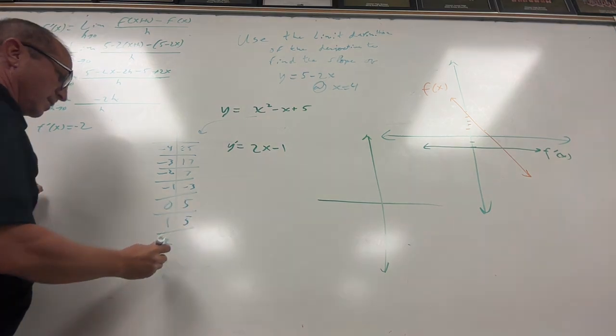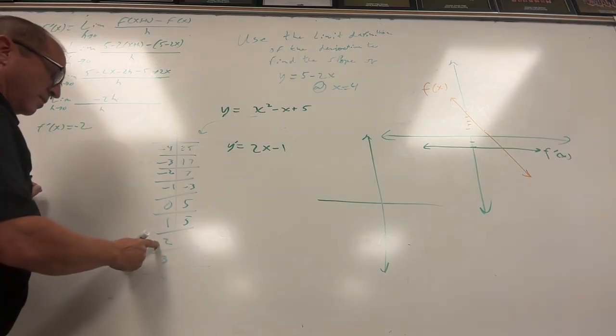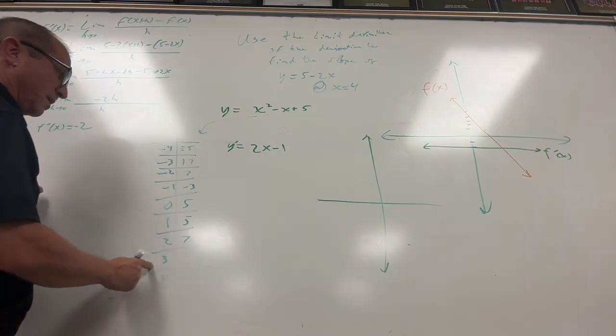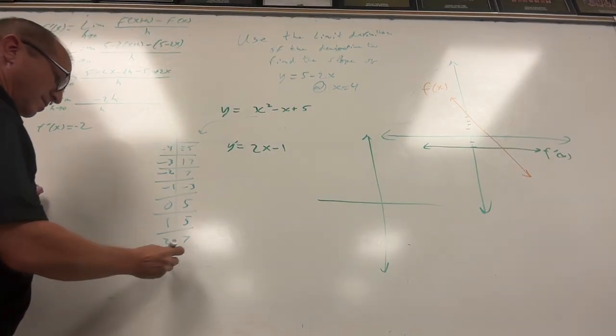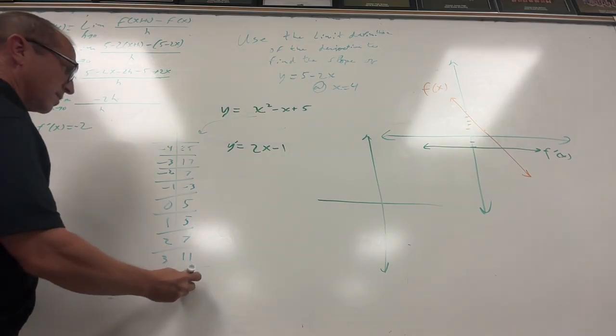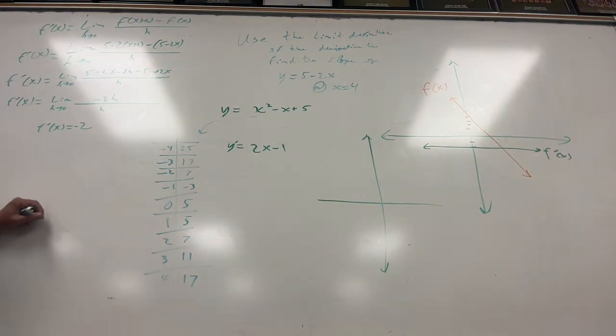All right, something's not right in here. 2, 7? 3, 11? 4, 17? That makes sense. Okay, I got that negative 2 value wrong.